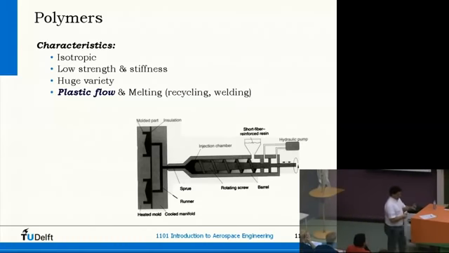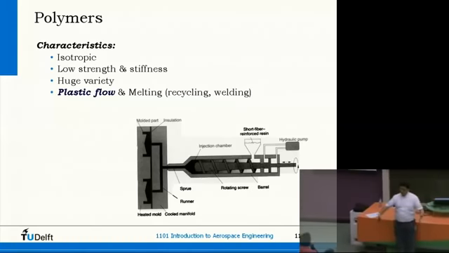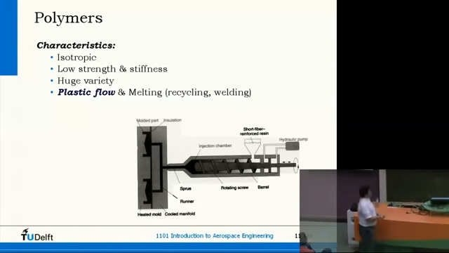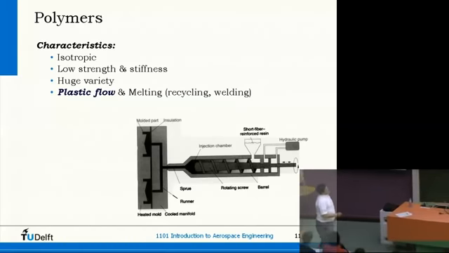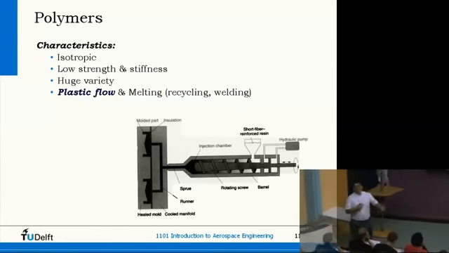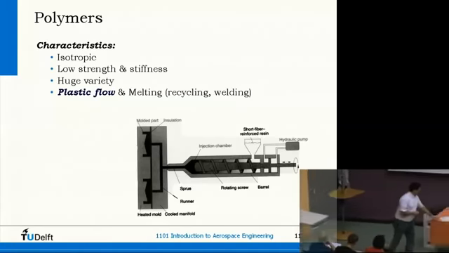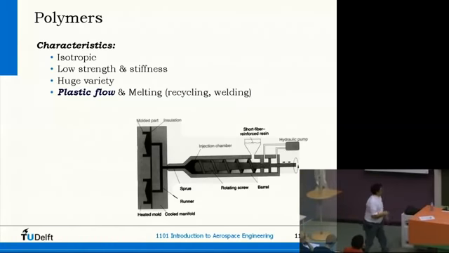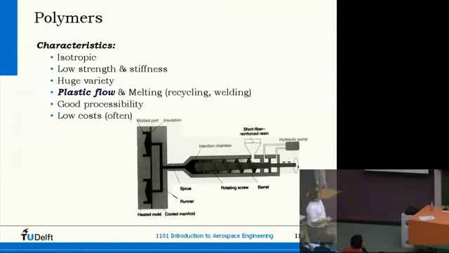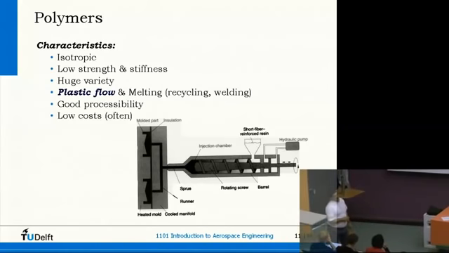All these plastic coffee cups we have, but also plastic chairs and furniture for the garden, are all made by injection molding, this process. Tooling is usually very large, but since you have huge quantities, it's not really a problem. Good processability, and in many cases, cheap. Very cheap materials.